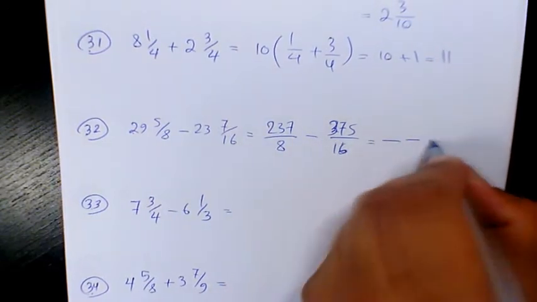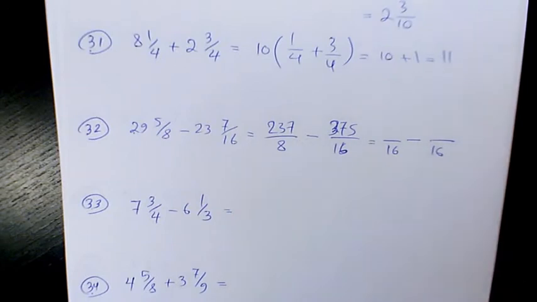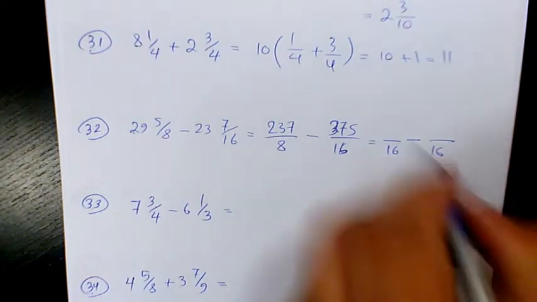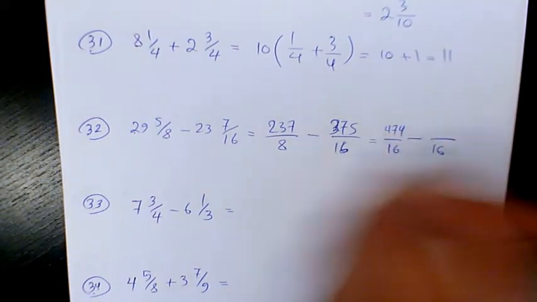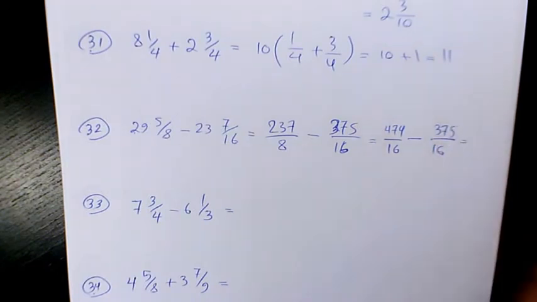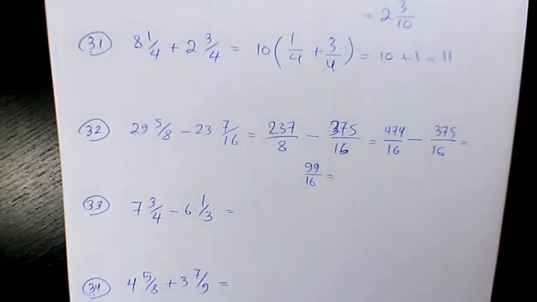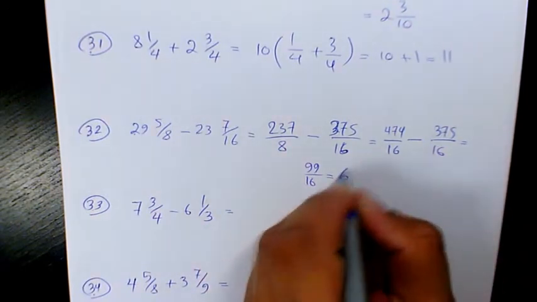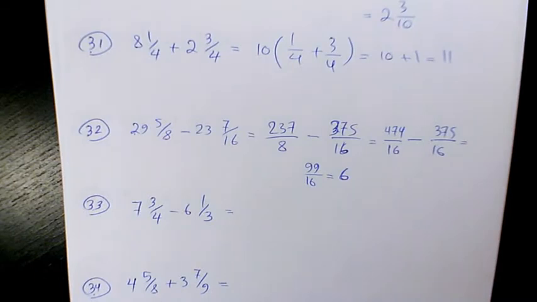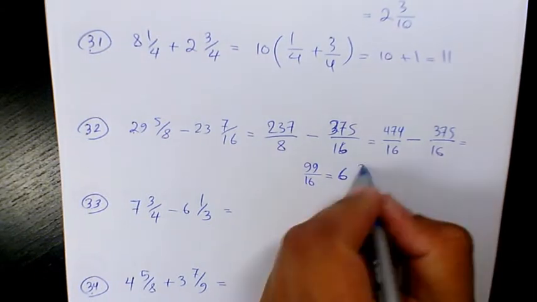Common denominator is going to be 16. 237 times 2 is going to be 474, minus 375. 474 minus 375 is going to be 99. 99 over 16. 6.18, so we take 6 out. 3 over 16. Next one.